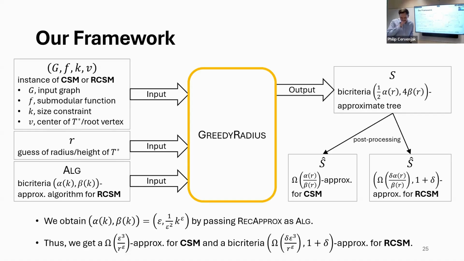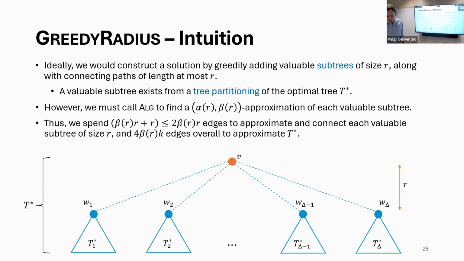So first we'll look at greedy radius, and just to give you some intuition about why it works, the idea of greedy radius is to, instead of approximating valuable vertices in the optimal solution, approximate valuable subtrees where these subtrees have size r.